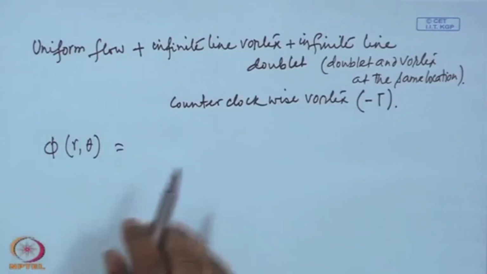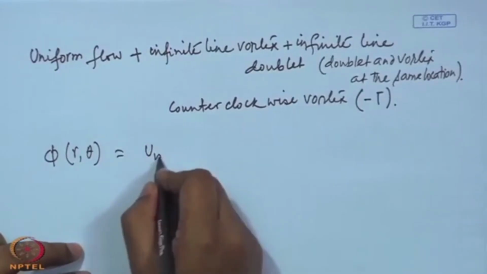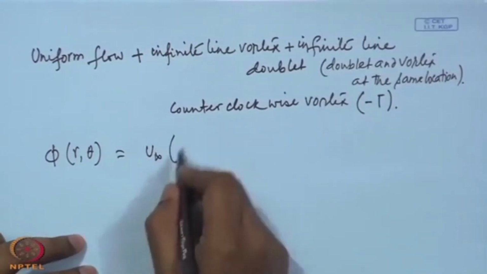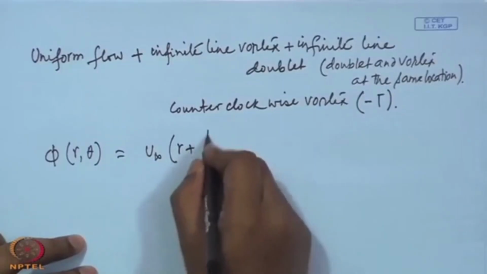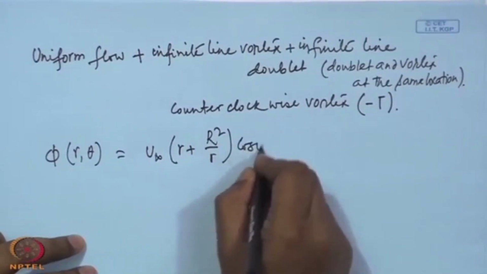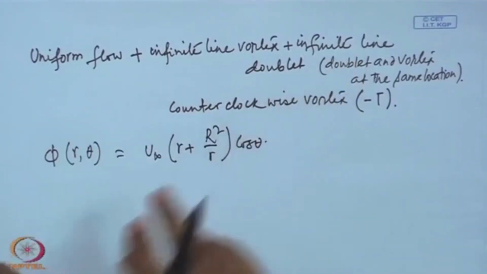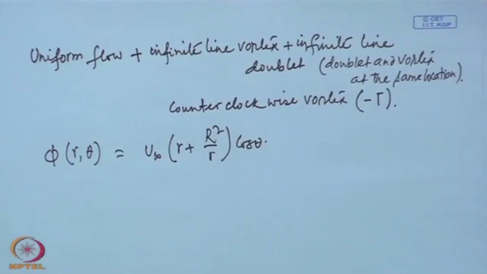It was u infinity r plus r square by r cos theta. This is uniform flow plus infinite line doublet, representing a cylinder of radius r.